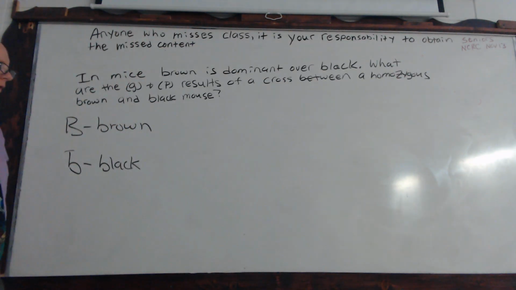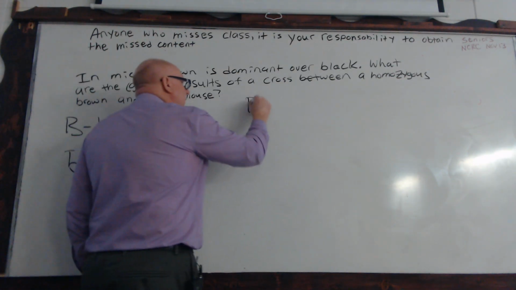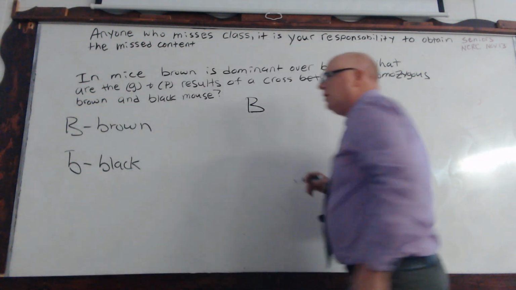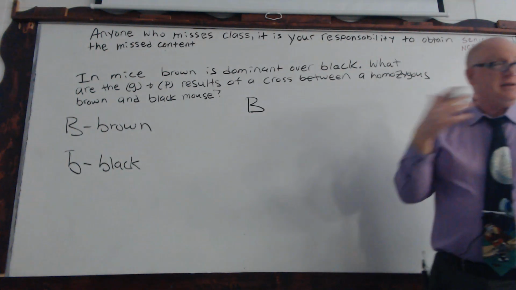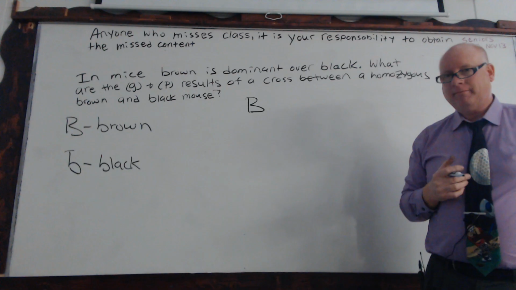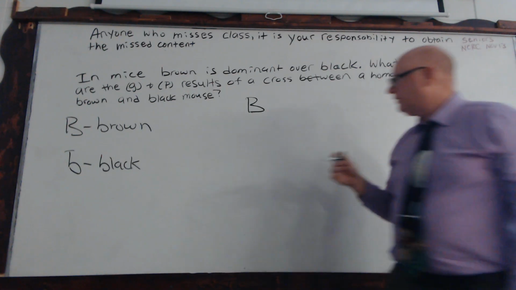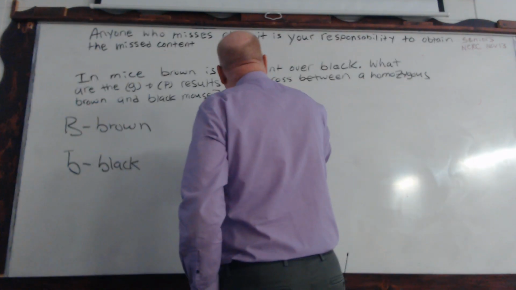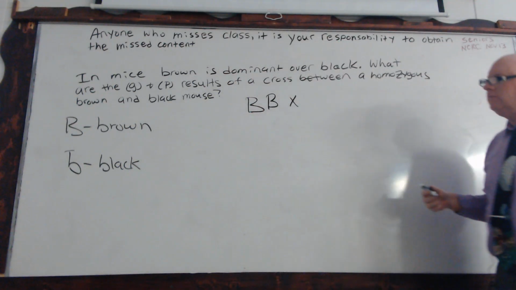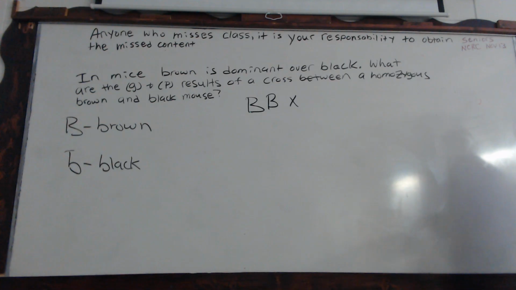What is it? Okay, so we hear uppercase B. It's homozygous brown. So that means the two alleles, are they the same or different? Okay, they're the same, two capital B's. And then what's the only combination that we could have for a black mouse?